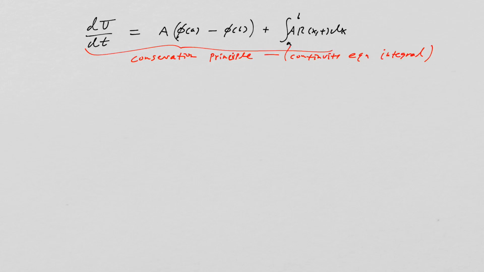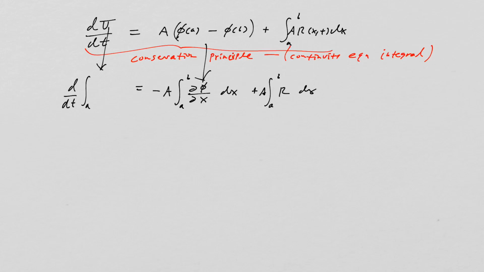Now we can do a little trick here where we say that this is equal to A times the integral from A to B of the partial derivative of phi with respect to x dx. But recall that this is d dt, and remember what u is.